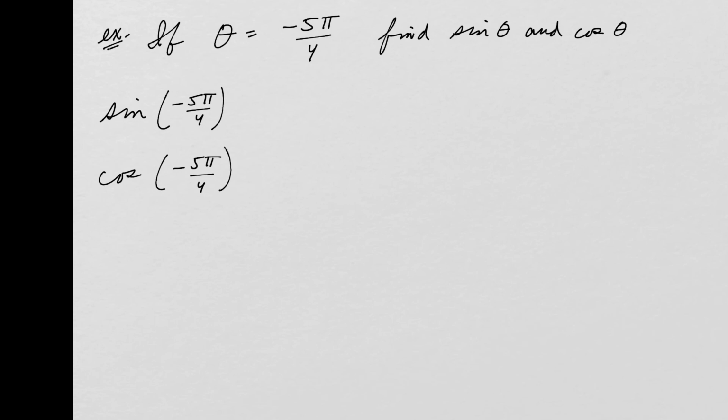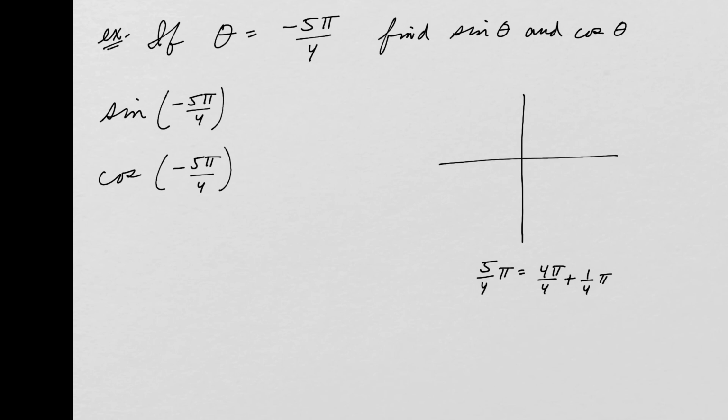All right, so first of all, let's get an idea of what quadrant this is in, and we need to figure out that reference angle because that's going to help us. So remember, when you measure an angle and it's negative, then you start from the positive x-axis and you measure clockwise. So 5 pi over 4 is basically 4 pi over 4, which is pi, plus 1/4 pi.